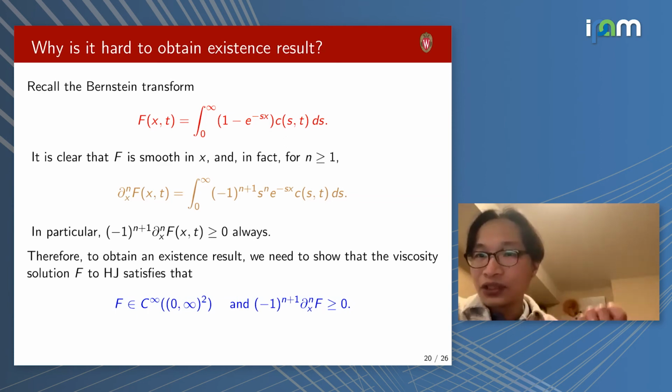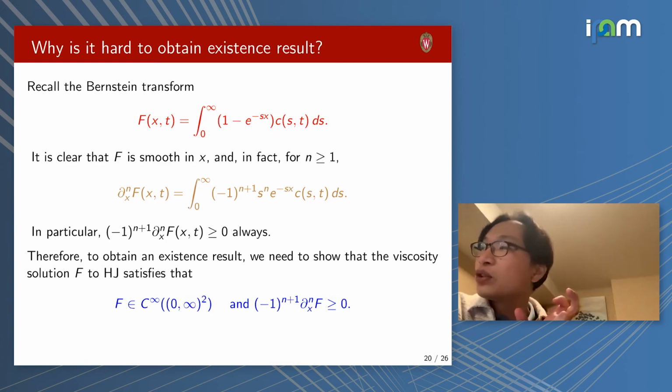So the signs have to change. And this is where it gets really hard, because we know that most of the time viscosity solutions are only Lipschitz. To show regularity, and in this case to show that it's C infinity, is amazingly hard. And that's why we have so far only been able to get results up to the range from 0 to 1/2.